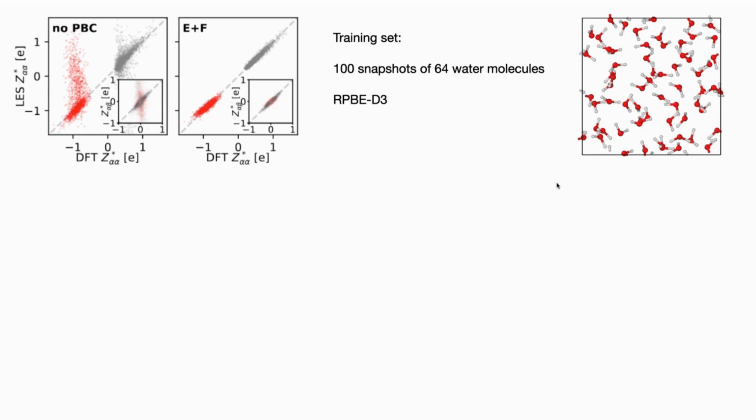Now, for this system, what we did is that we have a very small data set of bulk water. This is just 100 snapshots of water molecules. We plot our predicted learned Born effective charge and compare to the DFT ground truth. Now here we need to pay attention, right? We really need to use the PBC corrected form.